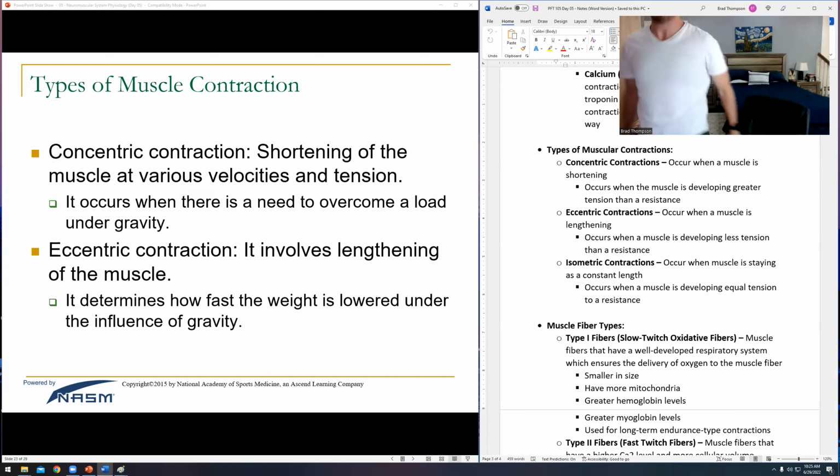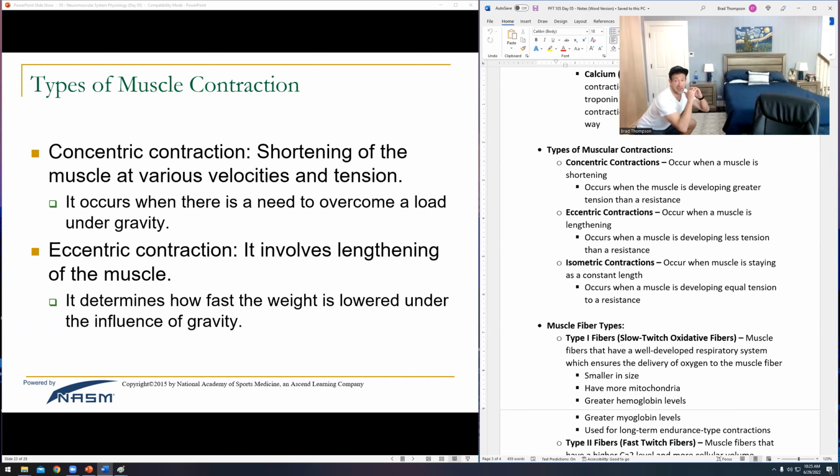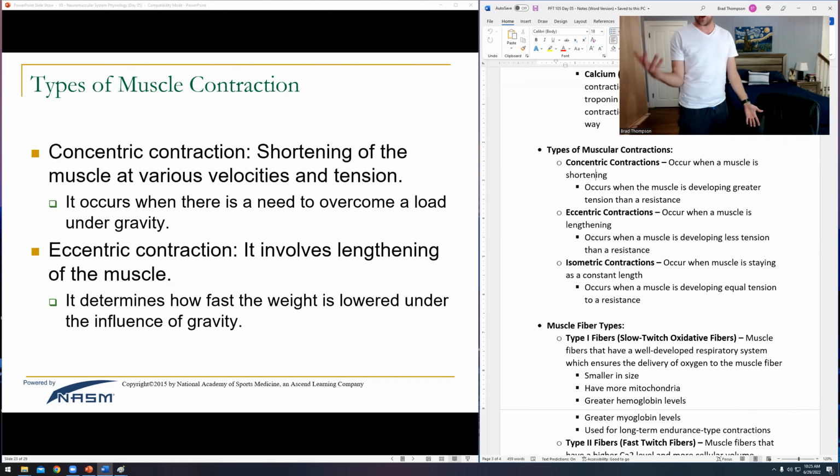Like if I'm in the bottom of a squat and I contract to come out of that squat, that's a concentric contraction. I'm shortening my muscle fibers and moving my bones to overcome a resistance. If I bring my arm up towards my shoulder here, that's a concentric contraction in my bicep.